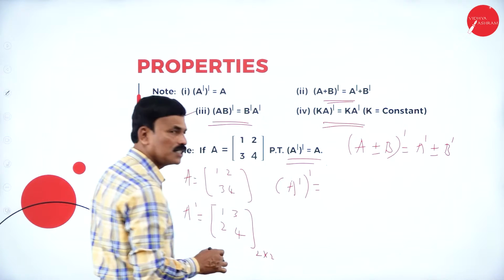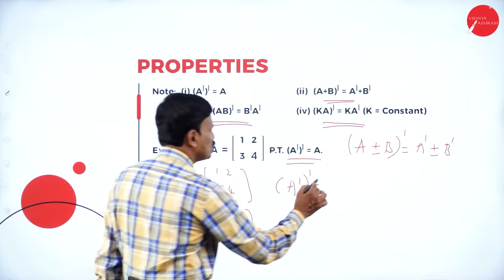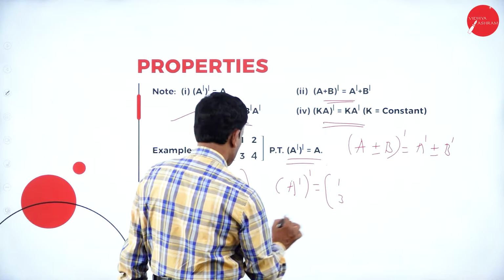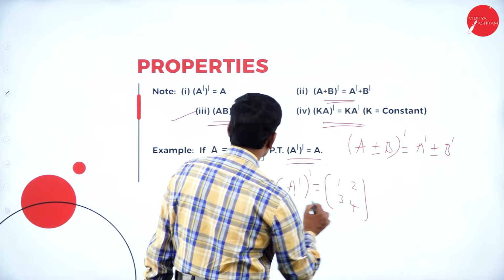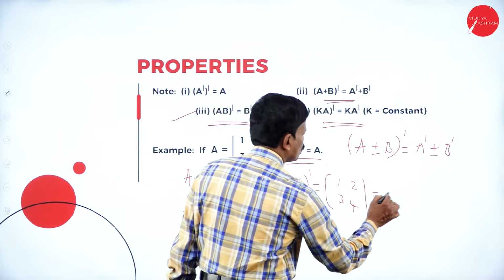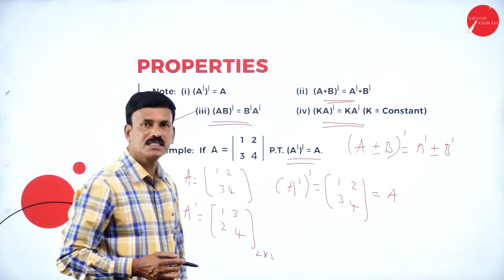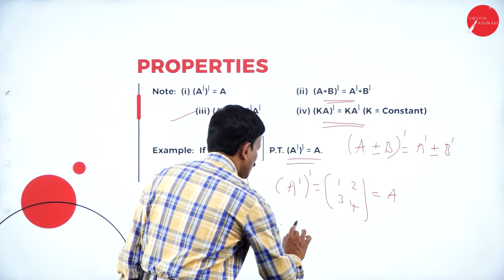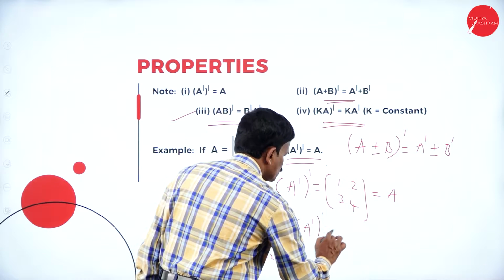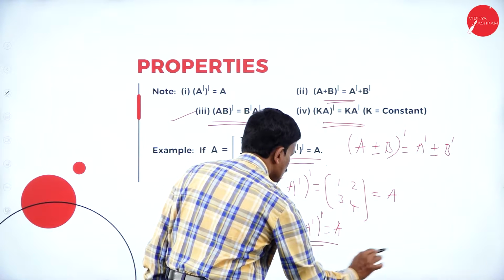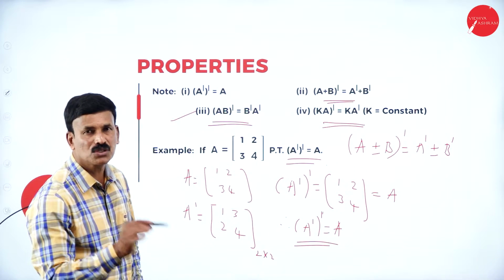(A dash) whole dash: first row becomes first column, that is 1, 3, and this becomes 2, 4. So what is this equal to? 1, 2, 3, 4. This is equal to the same matrix, given matrix A. That means the transpose of a transposed matrix is always equal to the same matrix. (A dash) whole dash is always equal to A.